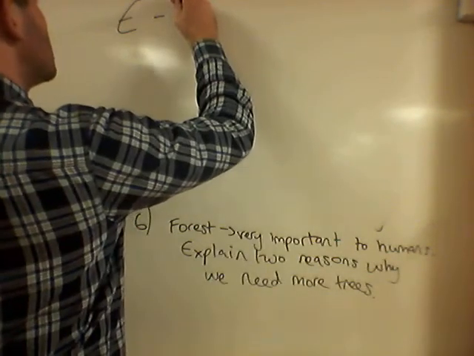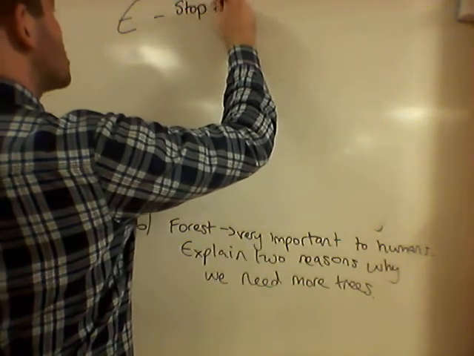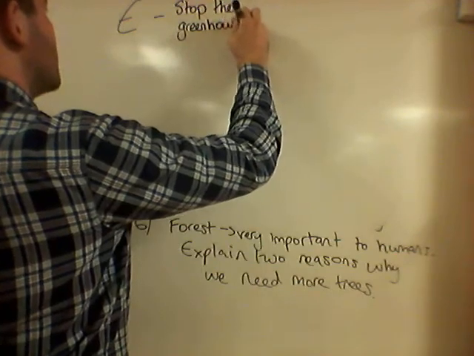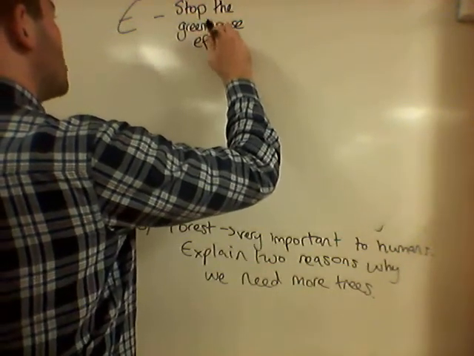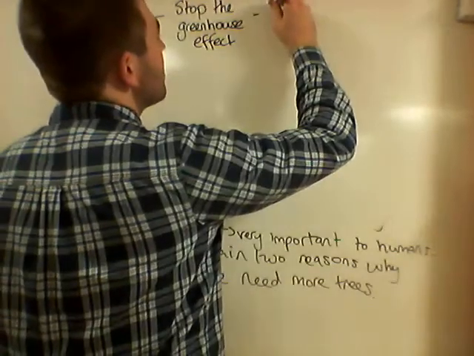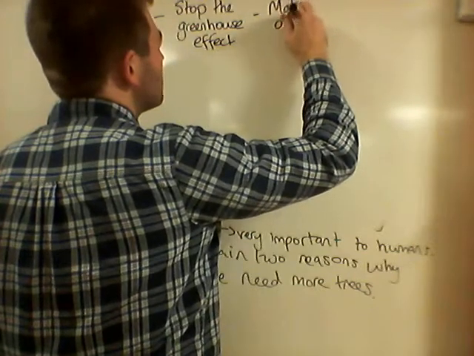So it could be that plants are good to stop the greenhouse effect. Could be a good reason. Another good reason would be that they make oxygen. That's a good reason.